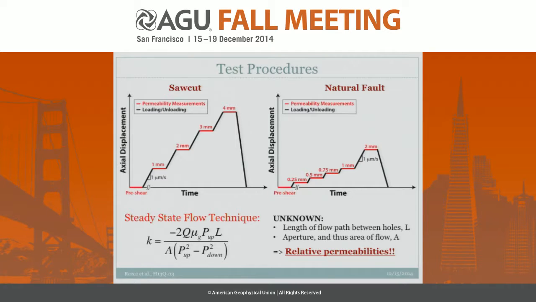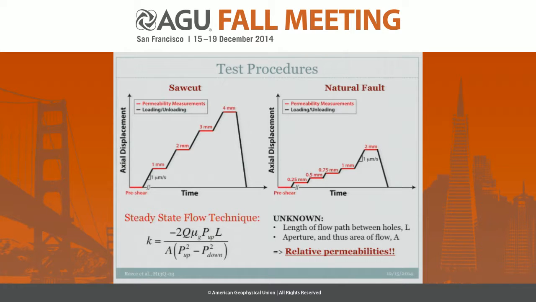So the test procedures for both sample types are similar but different in a little bit, so I'm going to just explain that. If we look at this sketch, which is not to scale, with axial displacement on the y-axis and time on the x-axis, the red lines are basically the permeability measurements, and in black we indicate where we did loading or unloading.